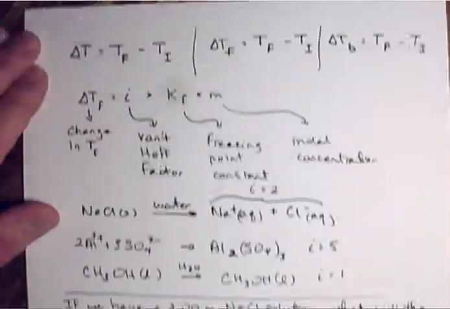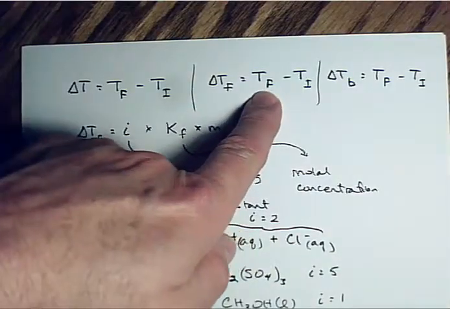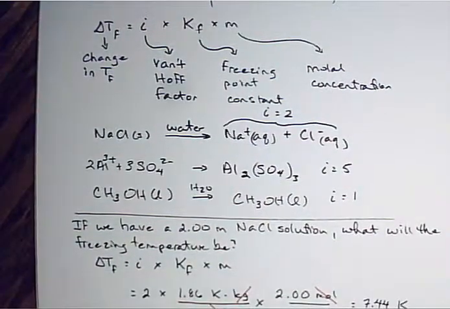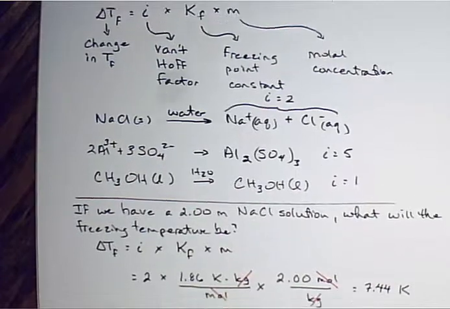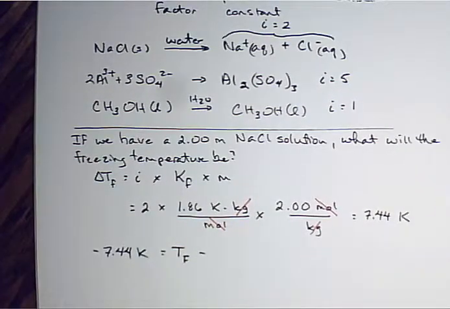And this is where we need that first equation we talked about. That change in temperature is equal to the final temperature, that's what we want to find, minus the initial temperature. So what is the initial temperature? Meaning, what is the freezing temperature of pure water without any solute in it? 32 degrees Fahrenheit.